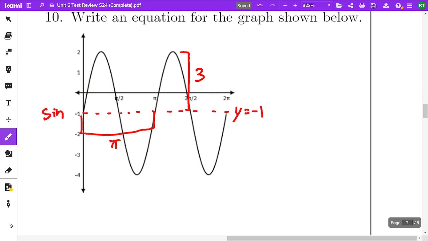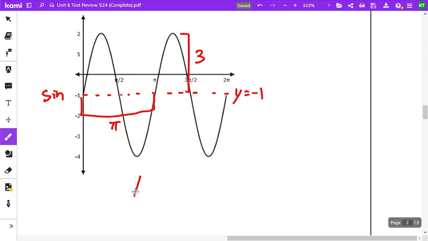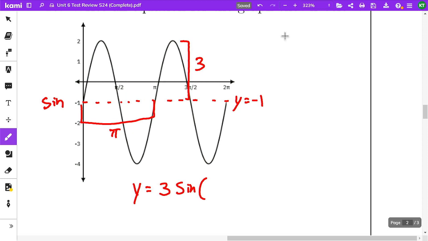So again, because we know it's a sine, it'll be y is equal to 3, my amplitude, times sine. Again, it's a positive sine, so we don't have to worry about putting a negative in the front. Then we have our period, so we have to get our b value. So 2 pi divided by b is equal to pi. Switch those out, so 2 pi divided by pi equals b. So 2 will be equal to b.